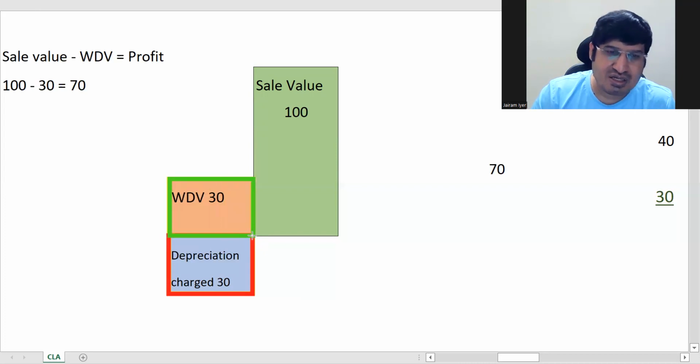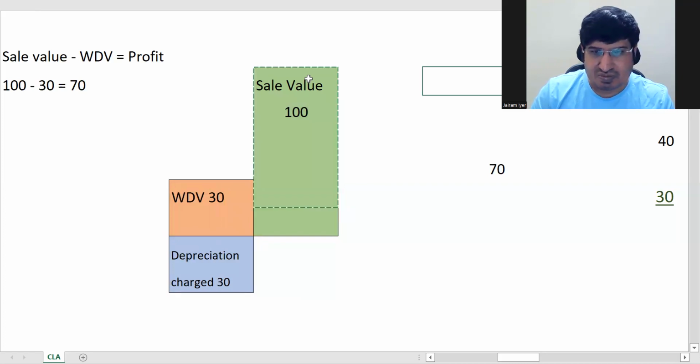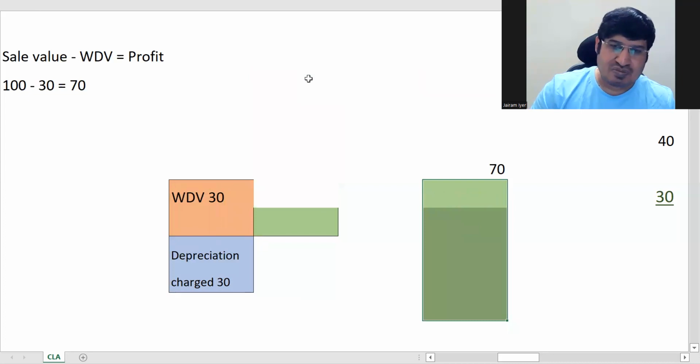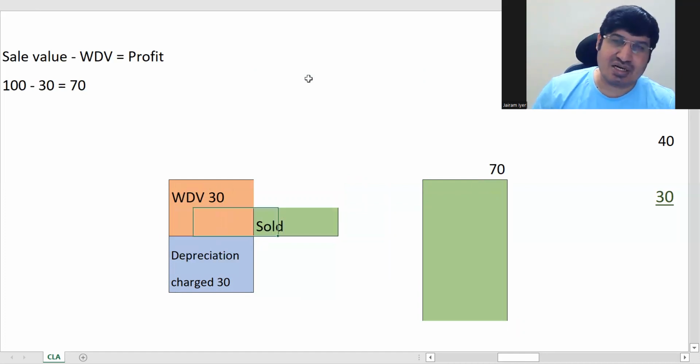Now we are selling this asset. Say we are selling it at this value. So now this person is at a loss, correct? This is actually depreciation.